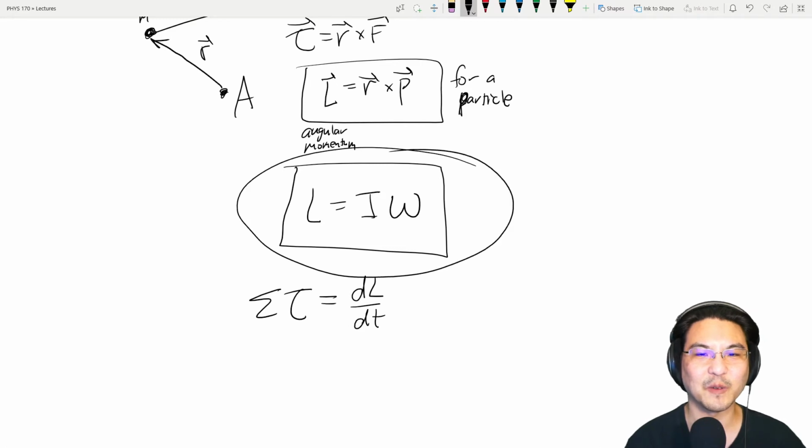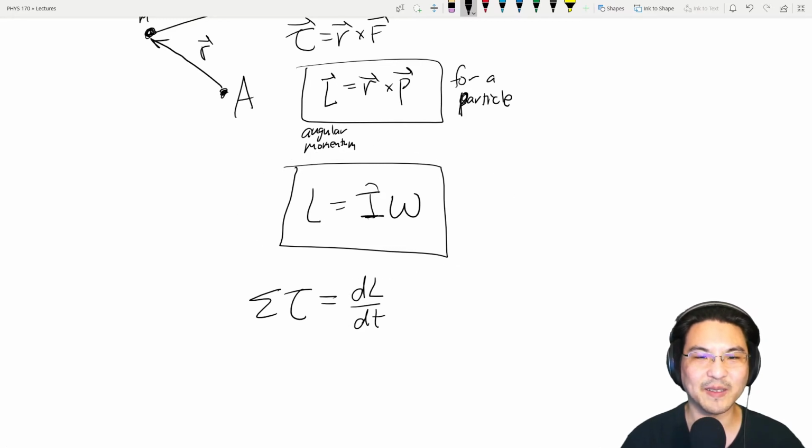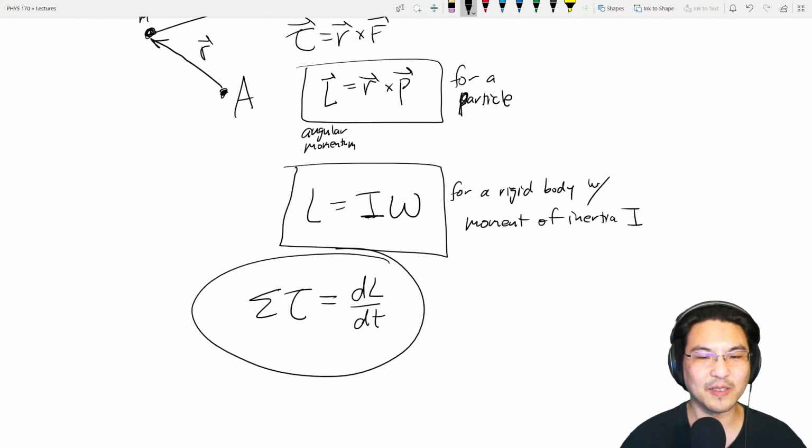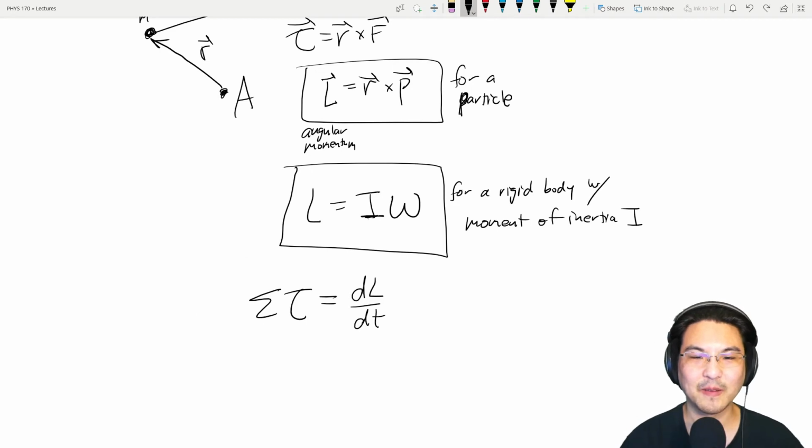This is for a rigid body that has a moment of inertia, I. And this is Newton's second law for rotation.